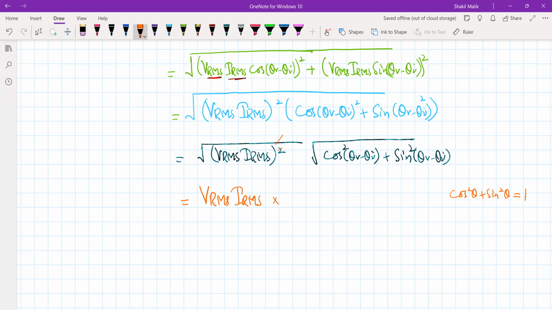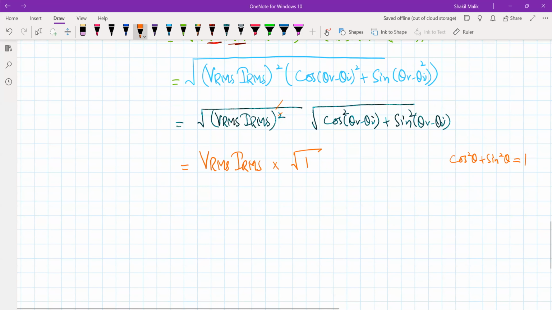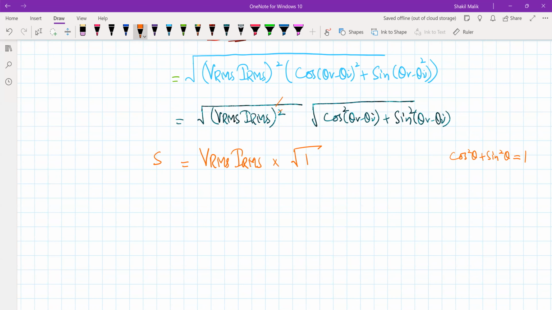So this is simply the square root of 1, and the square root of 1 is simply 1. So that means the magnitude of this complex power is simply defined as VRMS IRMS. Okay, so this is the magnitude of this complex power.